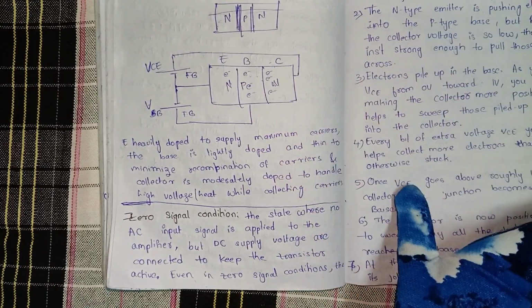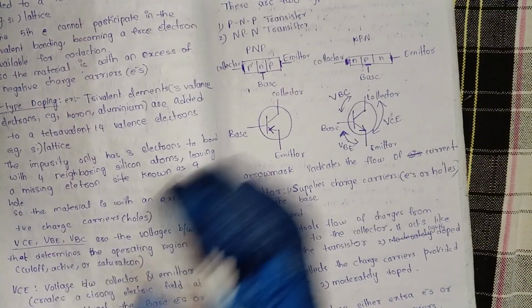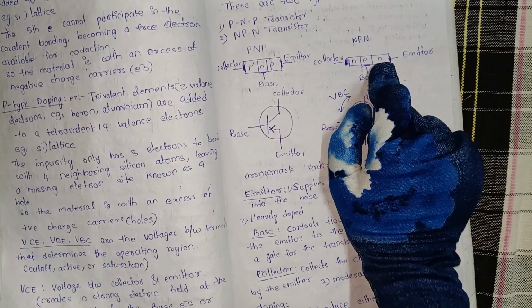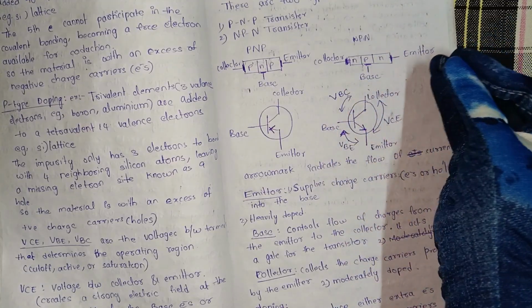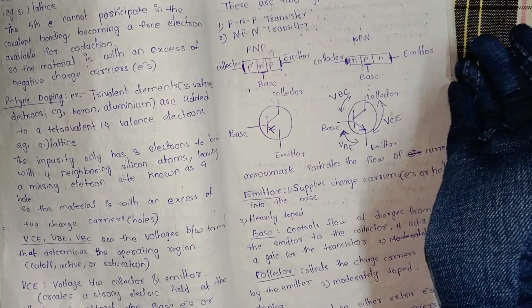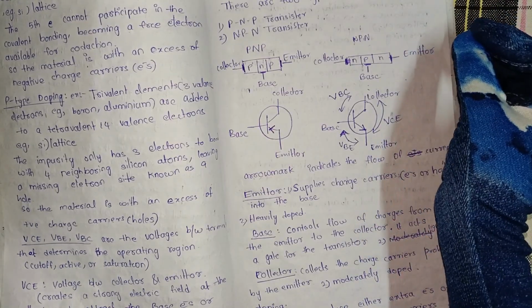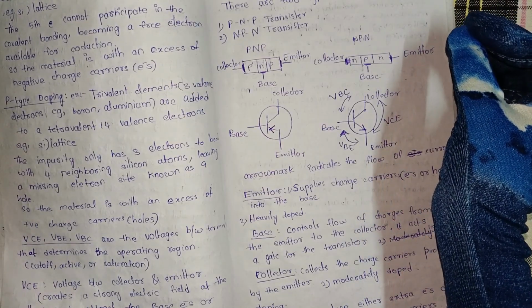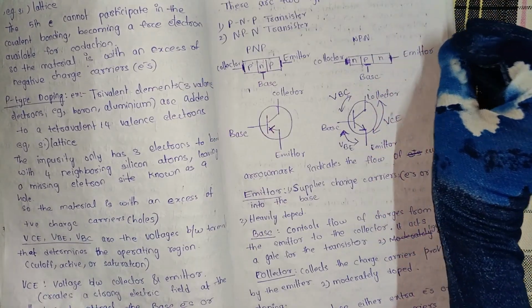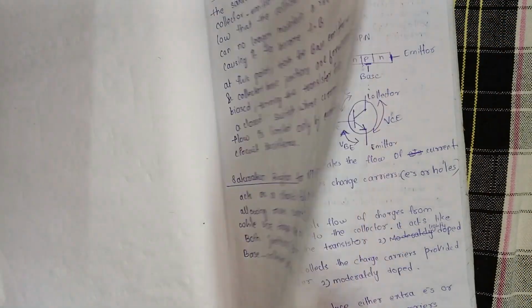Here in the NPN transistor, the emitter is of n type, so doping means adding extra electrons. Heavily doped means more electrons are added. So it supplies the maximum number of carriers.